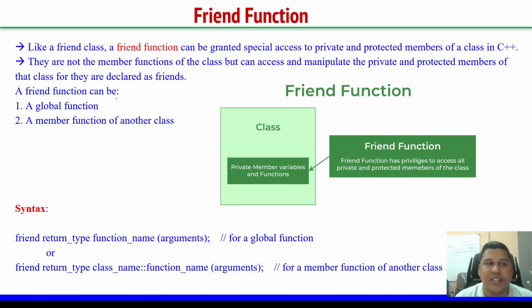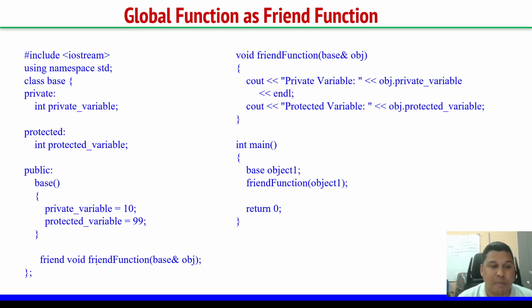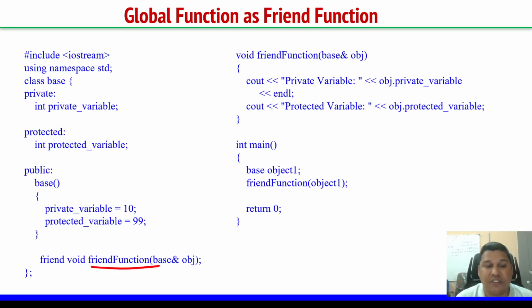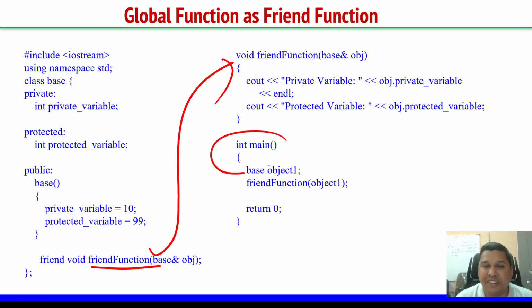Let's see it theoretically. They are not member functions of the class. The member function is only one in base: there are two variables and one function, so these are data members and this is the member function. But this friend function is a function outside the class, like part of the main function.